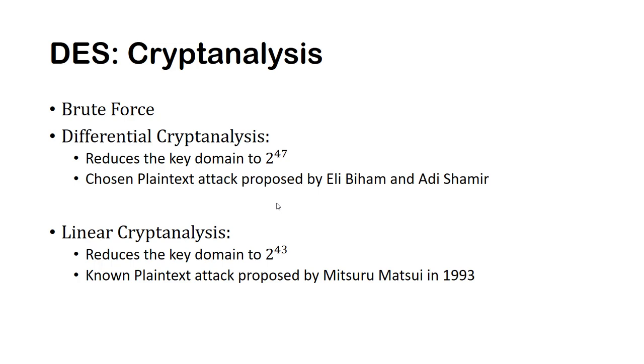Even after differential cryptanalysis, you can break it, but you need a brute force attack for compromising the system. Differential cryptanalysis in itself is not reducing the key domain to a great extent that you can easily break the DES. So it is somewhat resistant to it, but again brute force could be performed with specialized computers in order to break DES.